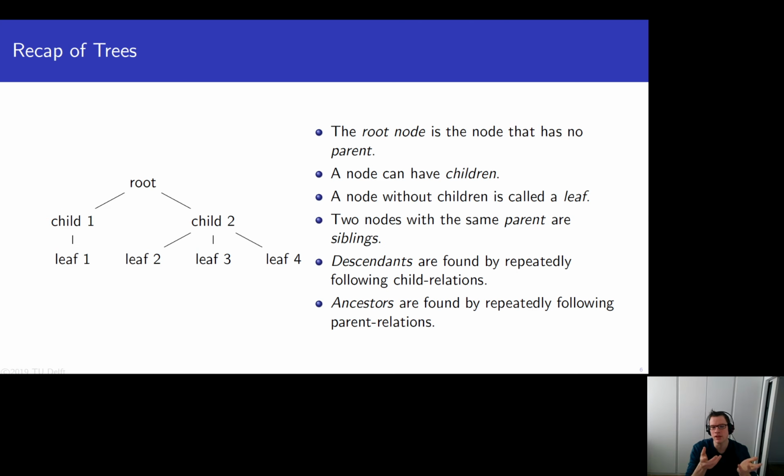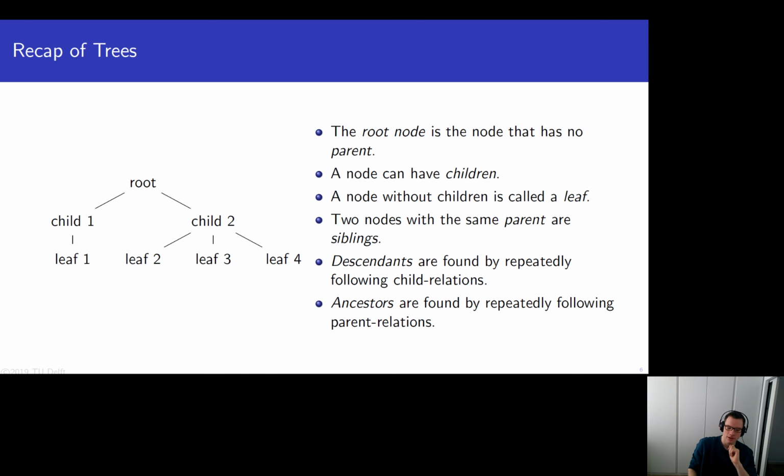Well, the main thing that we're going to change for a graph is that instead of only having one parent, you can have, let's say, multiple edges going up. To generalize that even more, edges can go anywhere. So this parent-child relationship is going to be replaced by just two nodes having an edge between them.